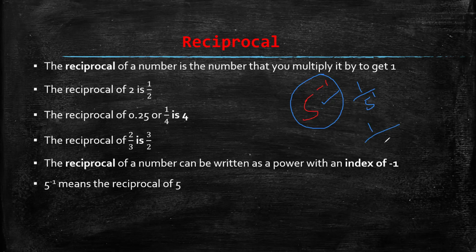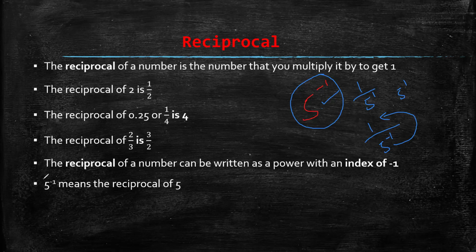But if the power is like this, 1 upon 5 raised to the power -1, I will move this to the numerator, so it will become positive. Remember this: you just need to change the numerator into the denominator and the denominator into the numerator. What will it affect? It will change the sign of the power.